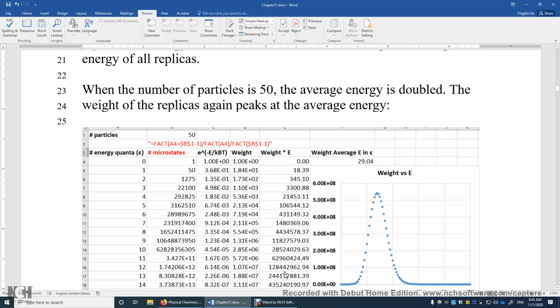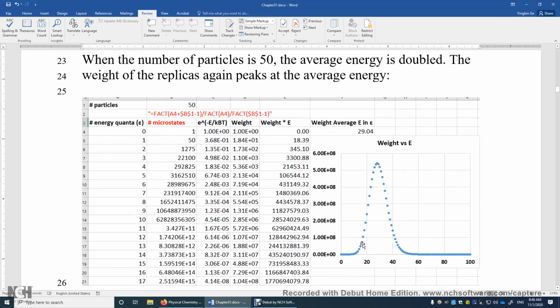The sum of all these numbers in this column divided by the sum of these numbers in this column will give you the weighted average of the energy of these replicas. So it's 29. And also you can see the weight reaches maximum around 29 epsilon here.